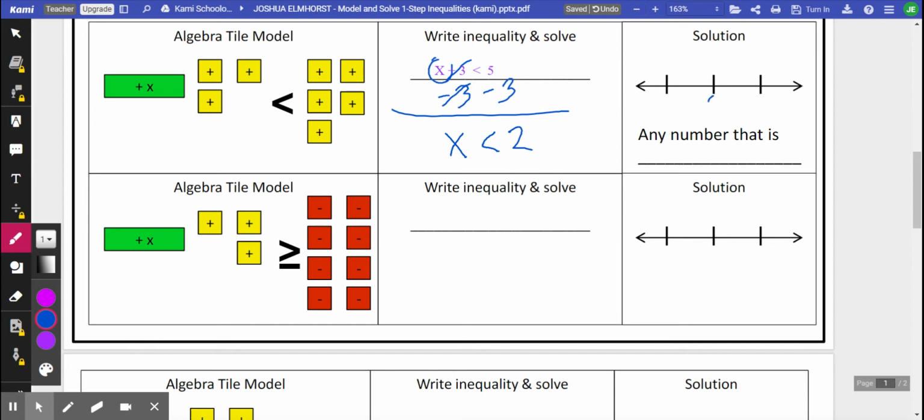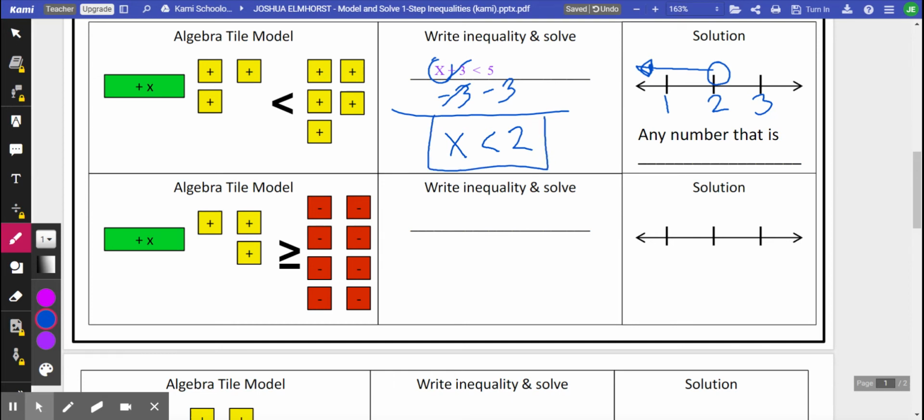So we start over here, 1, 2, 3, and we put a circle here at 2. Because there's no line under the symbol, it's not equal to 2, but it's any number that is less than 2. Less than is going to be to the left.